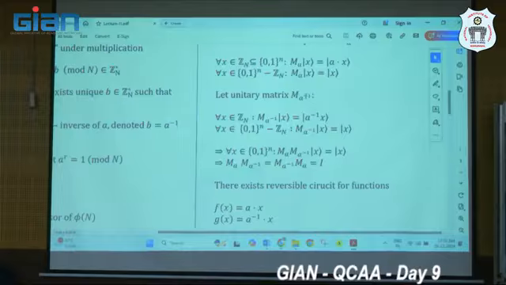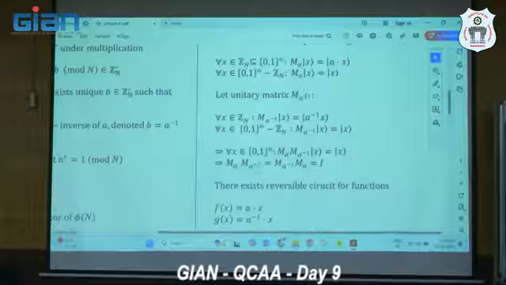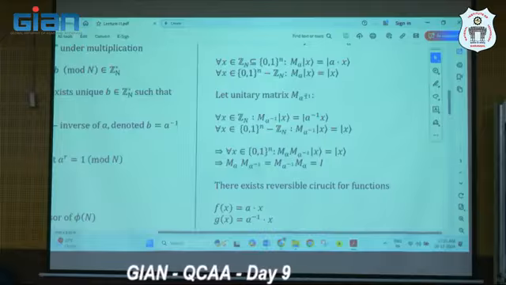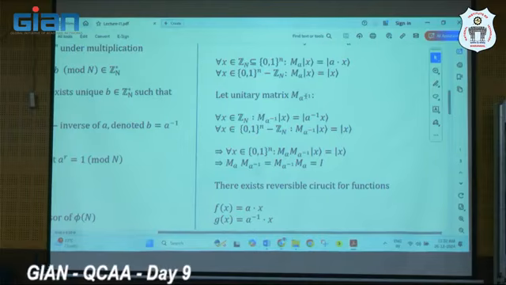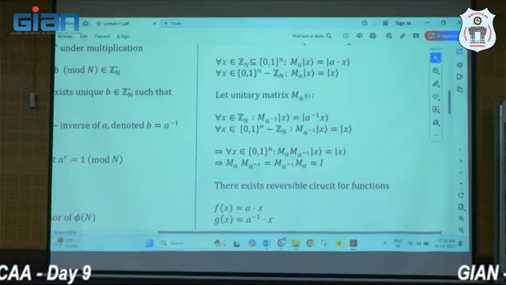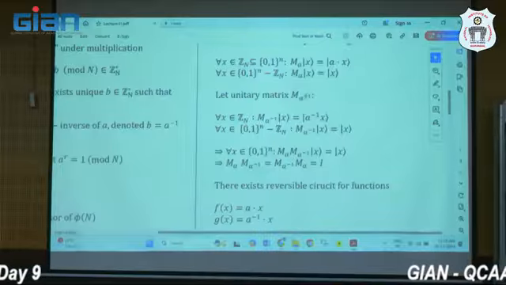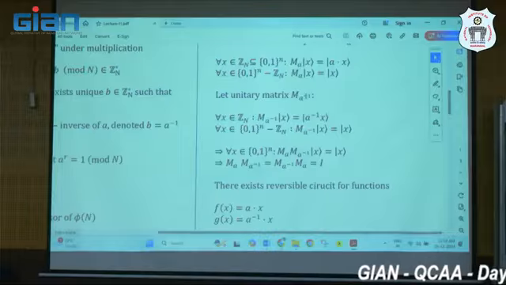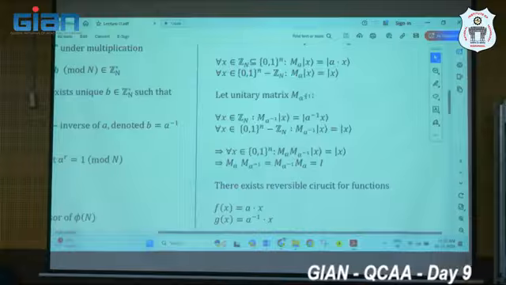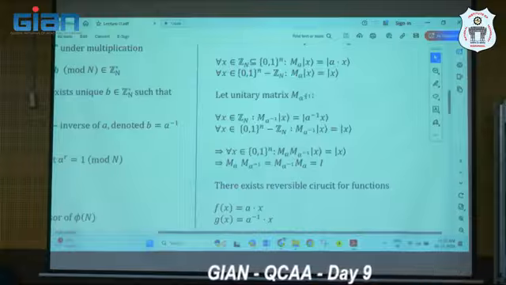That means, and remember what we had said, that for a reversible function we can do in-place computation. We don't need x, y going to x, y XOR f of x. We can take x to f of x. Remember that discussion? So we will actually have a circuit for this map, x to a times x, because it's a reversible function.